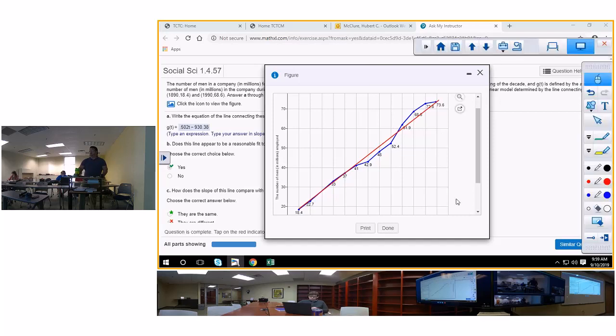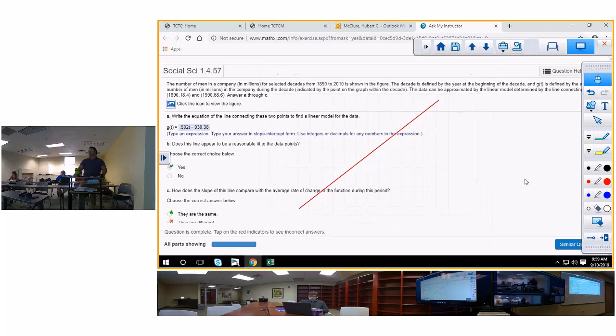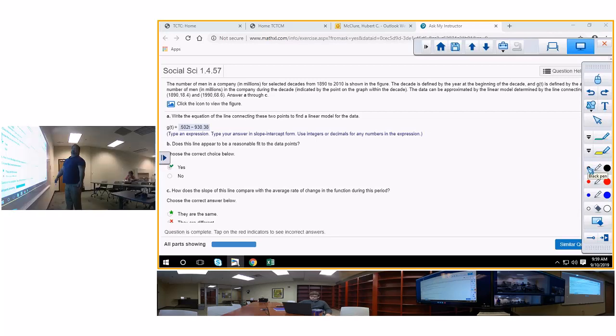I'm reading the question like they're wanting us to use those years. Okay, write the equation of the line connecting the 2 points. So, you could plot those 2 points on your calculator and do it that way, but I'm just going to do it by hand.